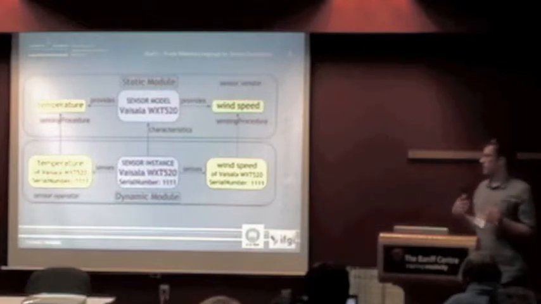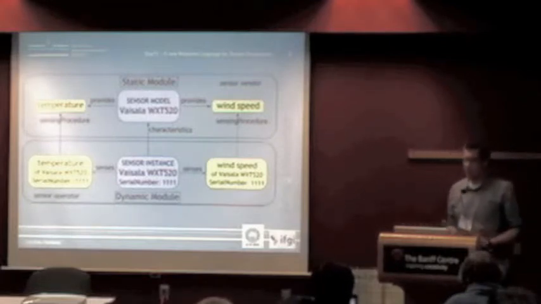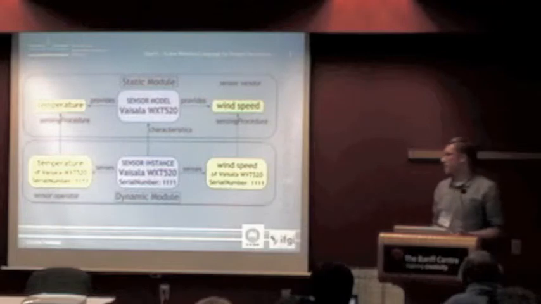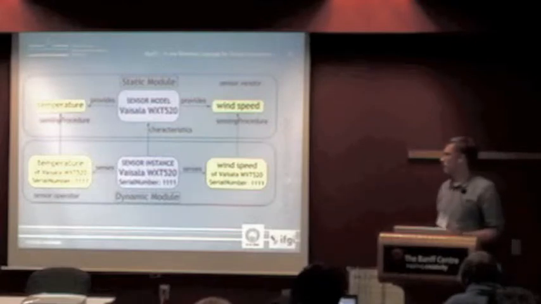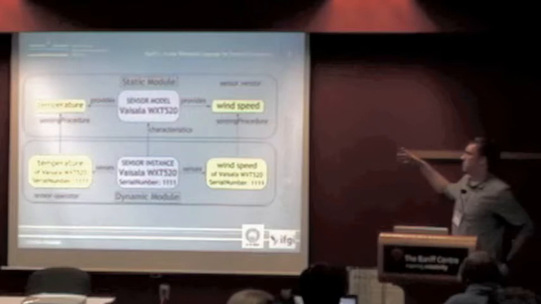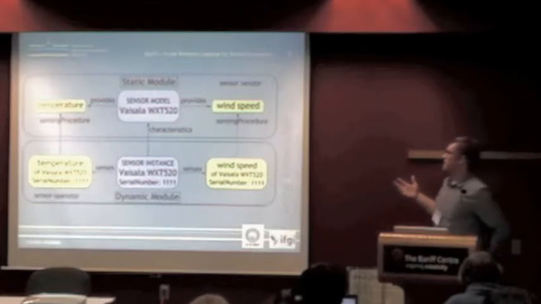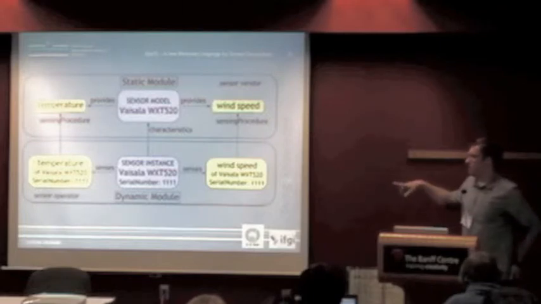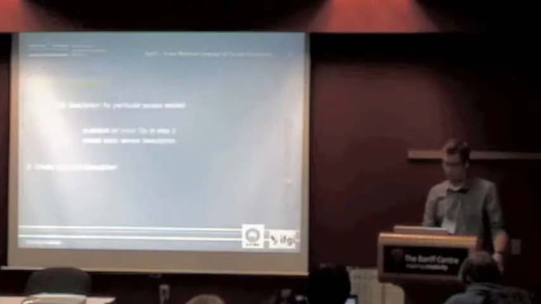And the sensor instance of this Vaisala with serial number 11111 senses the belonging sensings, wind speed and temperature. The information for the static module is provided by the sensor vendor, and the dynamic module is provided by the sensor operator.